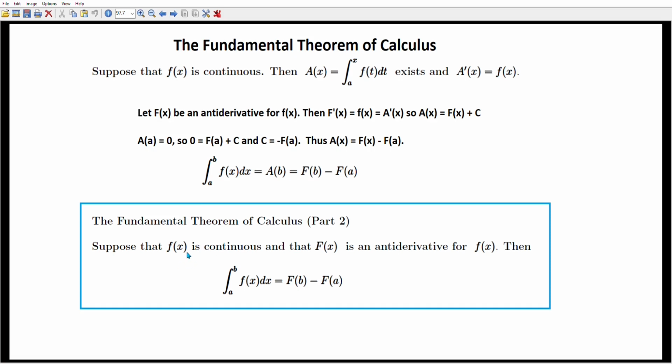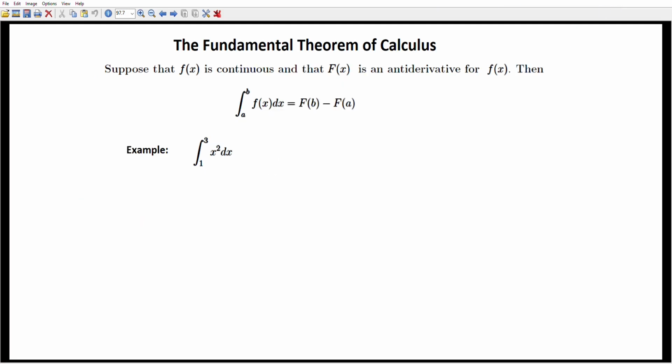So if we have a continuous function, we have an antiderivative, then the definite integral from a to b of little f of x dx is capital F of b minus capital F of a. Let's do a quick example illustrating the use of this second form of the fundamental theorem.